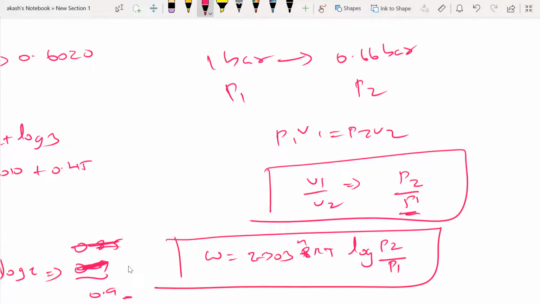But this pressure is the pressure of the gas, not the external pressure. We're talking about the pressure of the gas. All you have to do is substitute and get the answer.